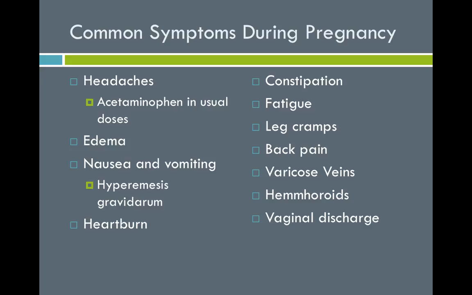There's also a combination medication that used to be sold, was taken off the market not because it was dangerous, and it's slipping my mind why it was taken off the market, but it was a combination of vitamin B6 and Unisom, the old school Unisom, not the Unisom gel tabs, but the hard tabs, and I'll get the name of that for you and show it to you in just a minute. Heartburn, Tums are great.